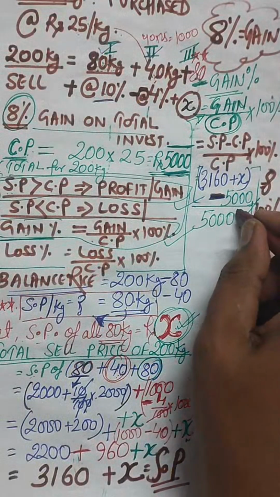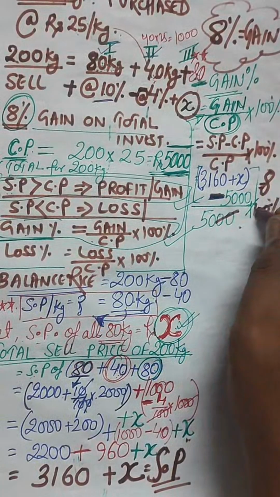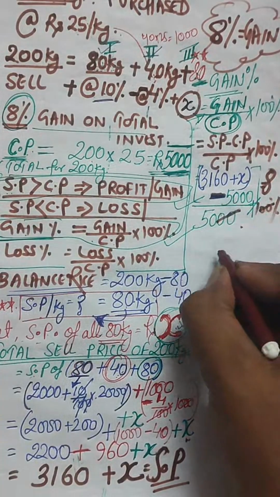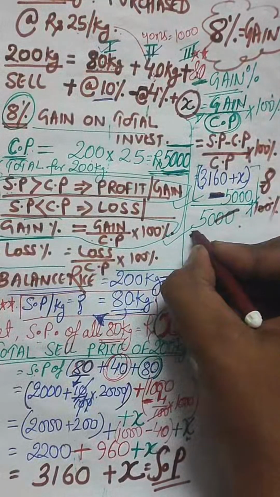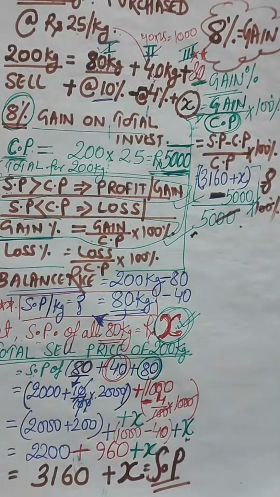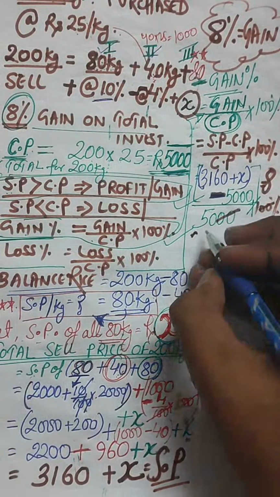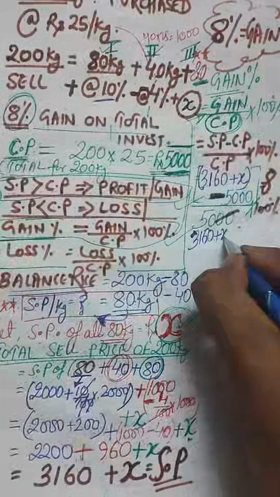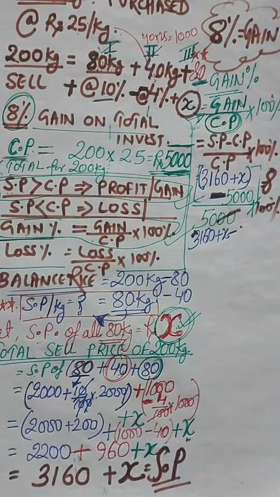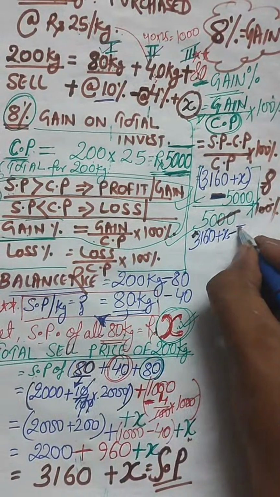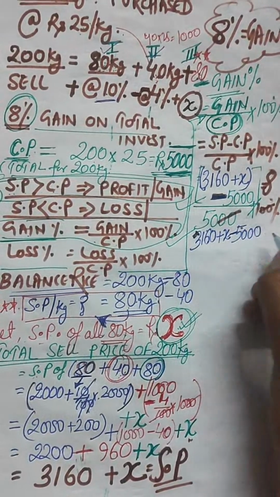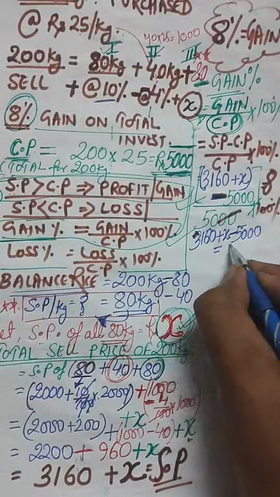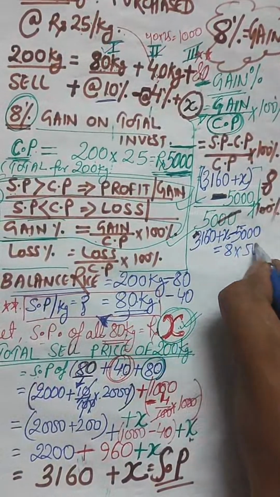So here first of all this 20 and this 20 will be cancelled out, right? And in the numerator we have 3160 plus X minus this 5000 of cost price, is equal to 8 into 50, isn't it?